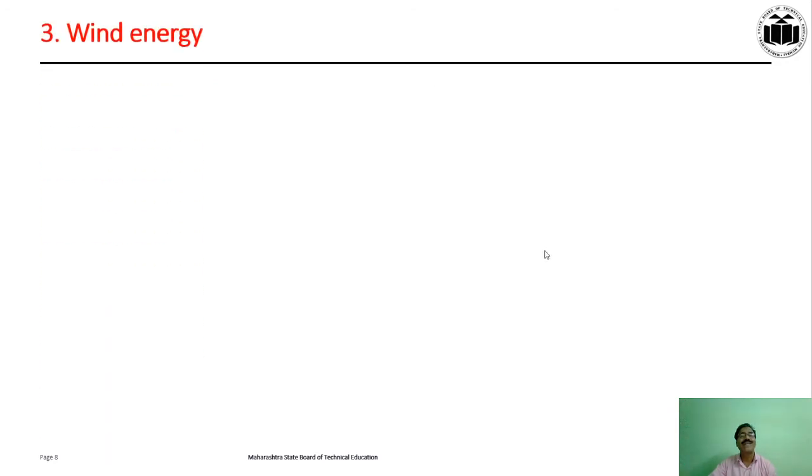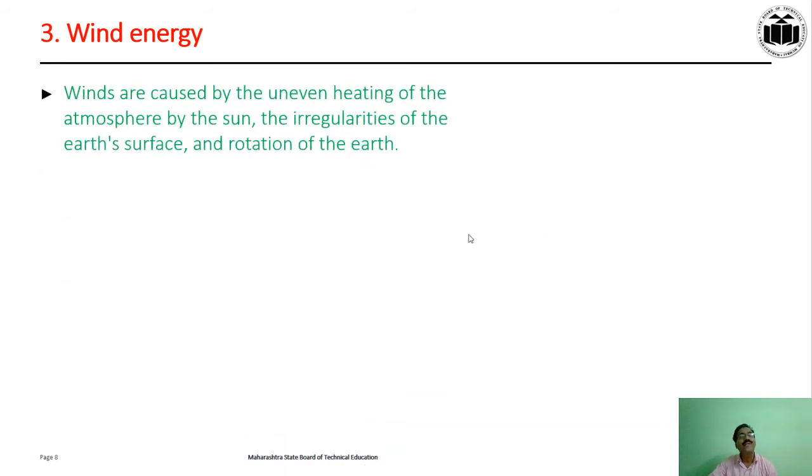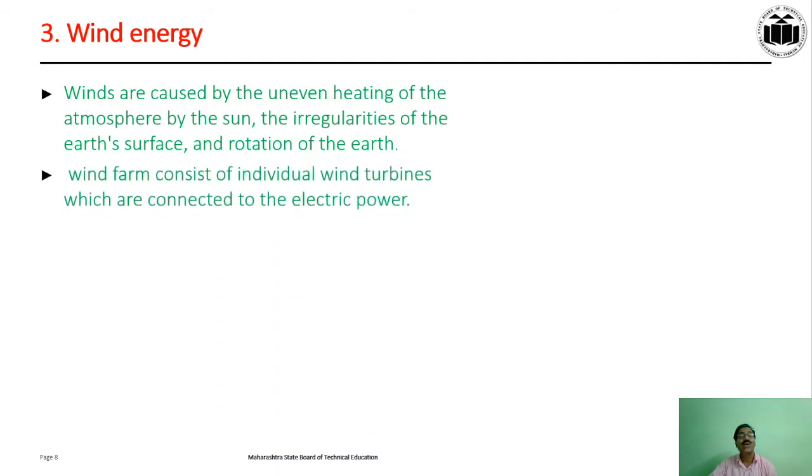Now wind energy, that is due to the wind. Winds are caused by the uneven heating of the atmosphere by the sun, the irregularity of the Earth's surface, and rotation of the Earth. Wind farms consist of individual wind turbines which are connected to the electric power.